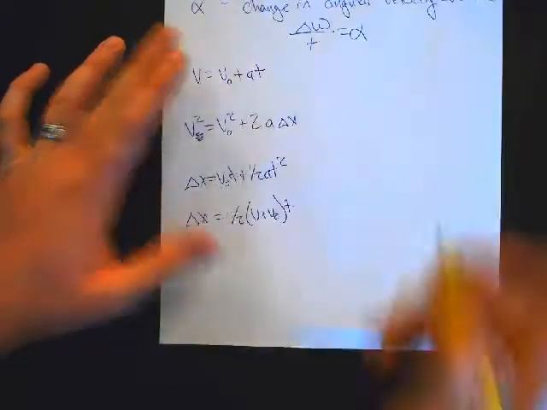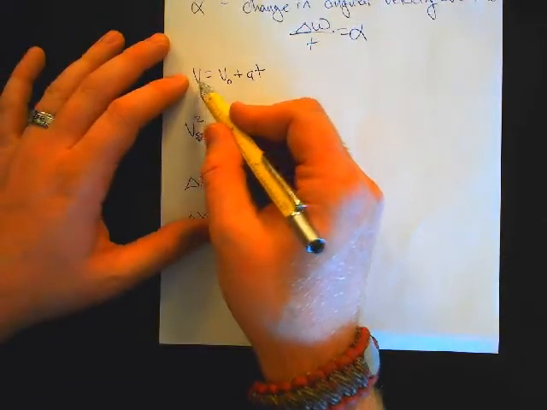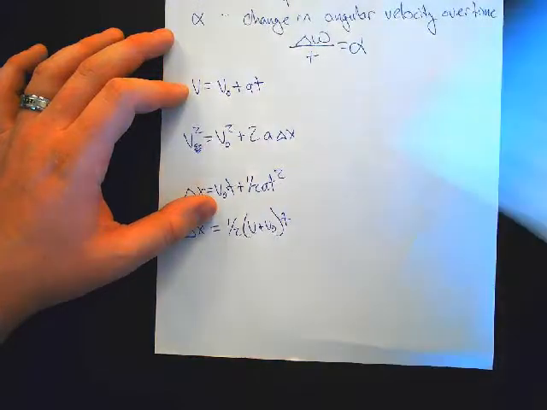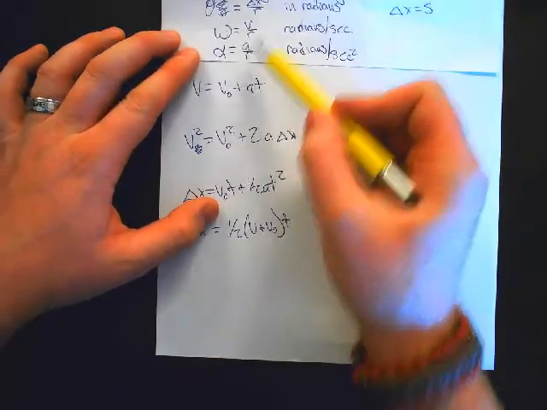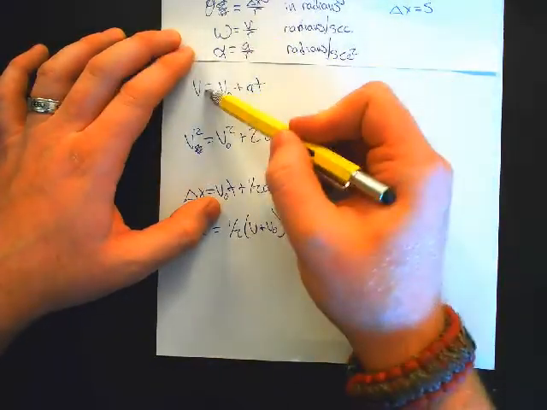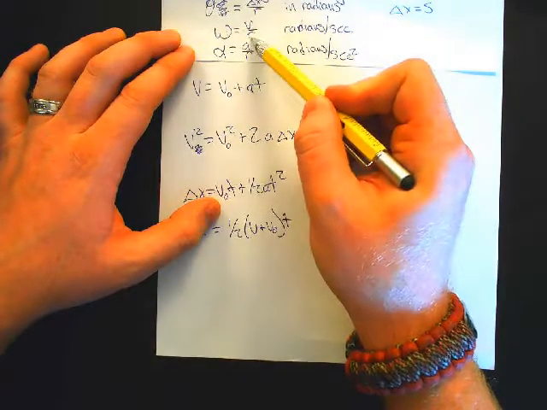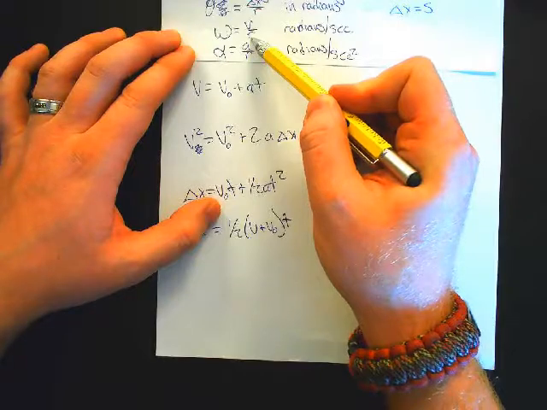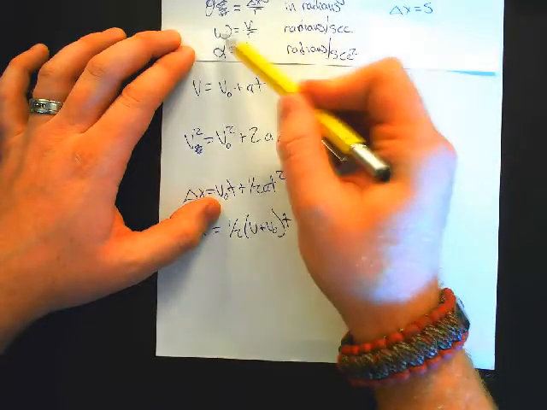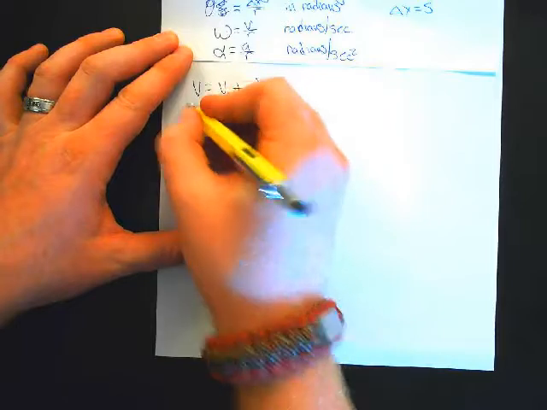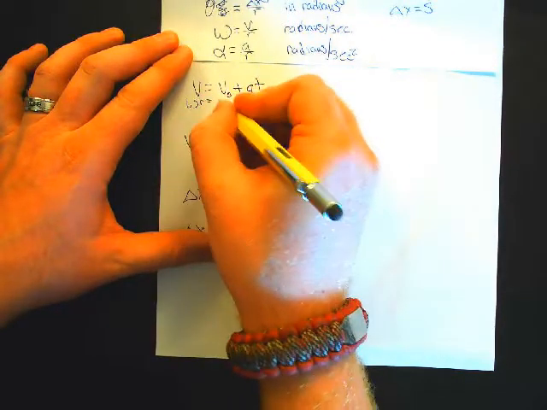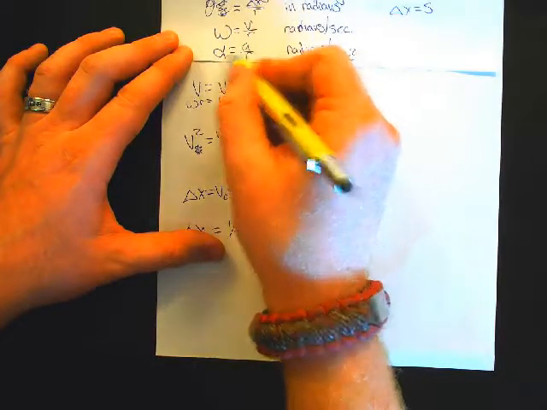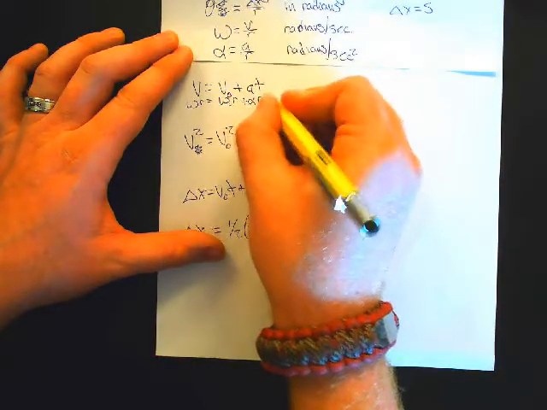Okay, making a quick substitution for each of these, where I'm going to swap in, from our definitions here, omega r for v. Look good? See why I'm making that substitution? Because v is equal to omega times r. So omega r equals omega naught r plus alpha r times t.